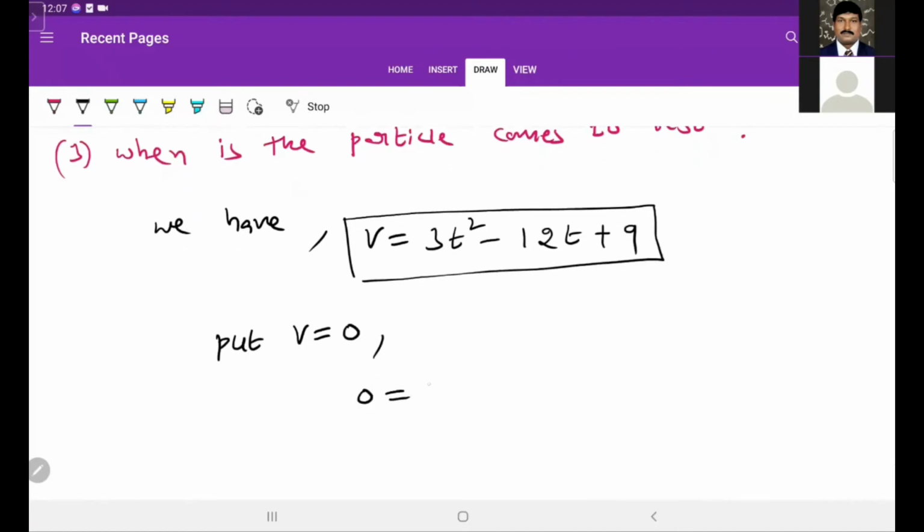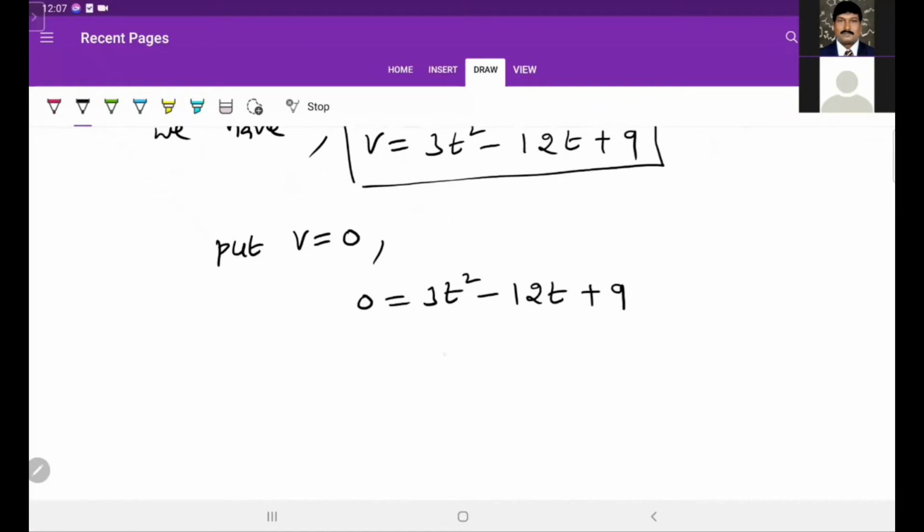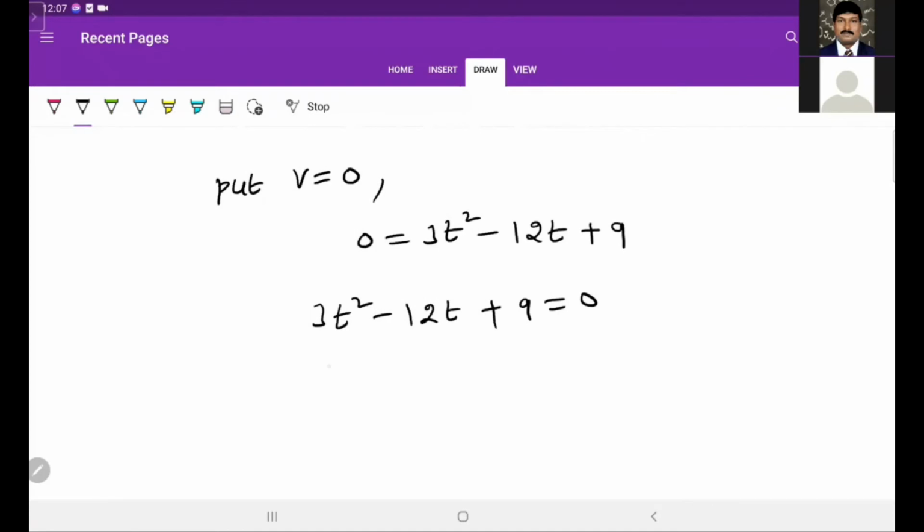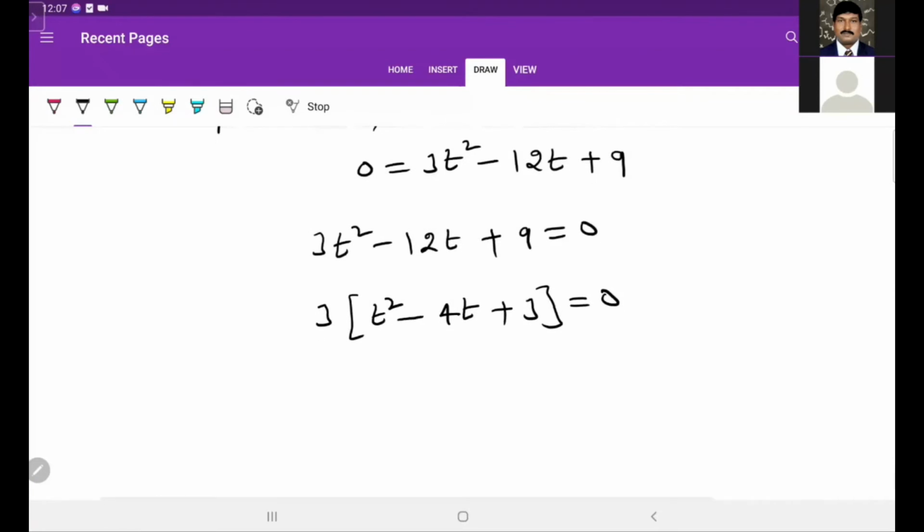So 0 is equal to 3t square minus 12t plus 9. Rewrite this equation: 3t square minus 12t plus 9 is equal to 0. Take 3 common: t square minus 4t plus 3 is equal to 0. This value must be 0.